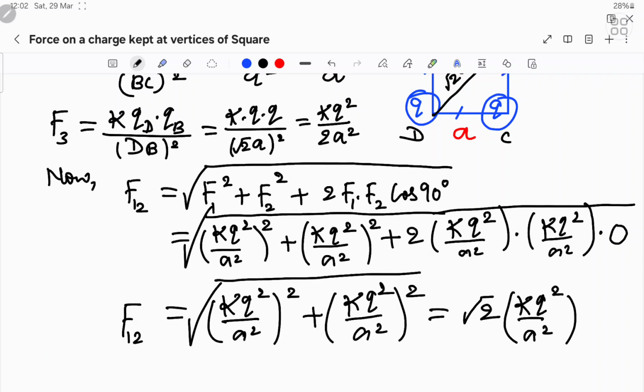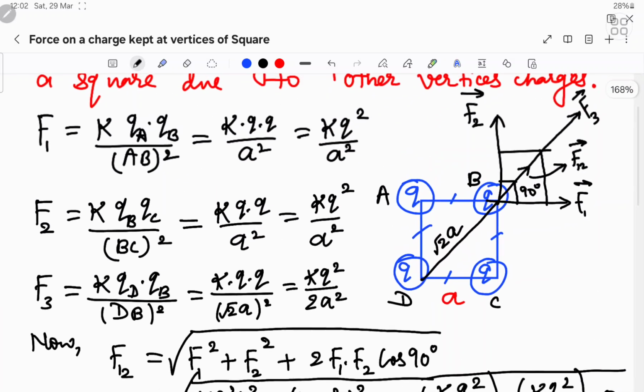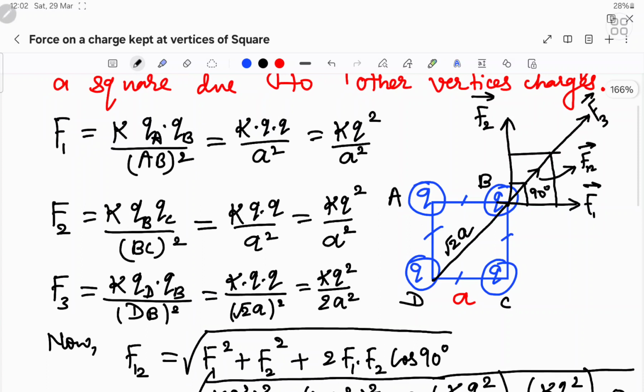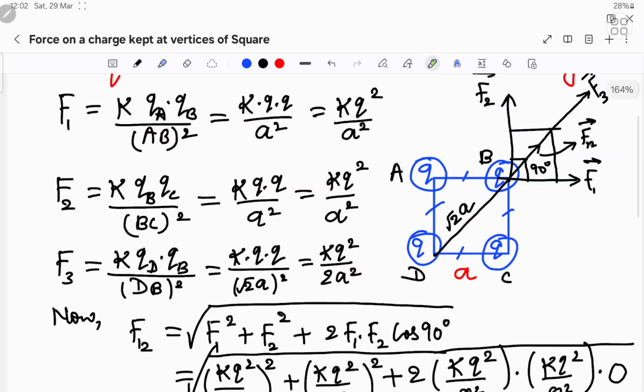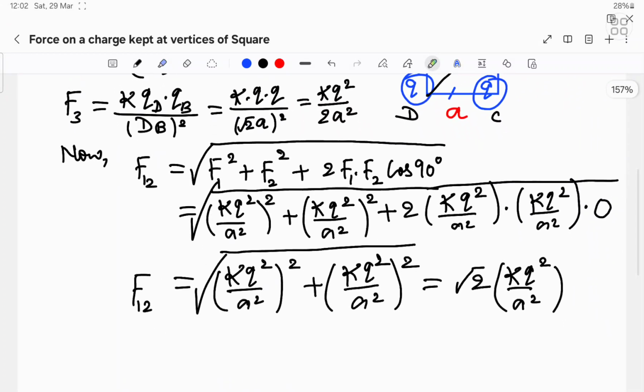Now let's see on the diagram again that this force F12 and the force F3 are both along the same direction. So they add up to give the total magnitude.